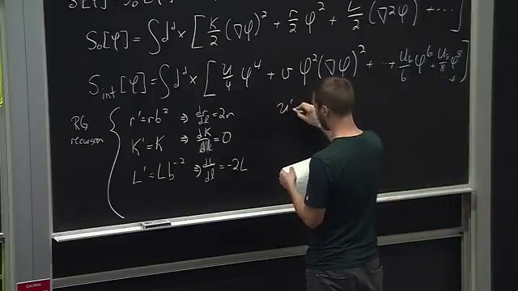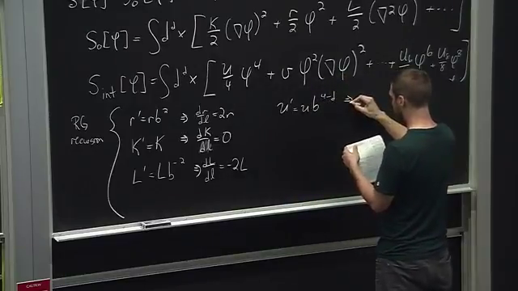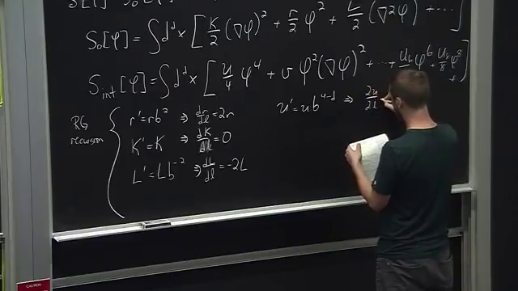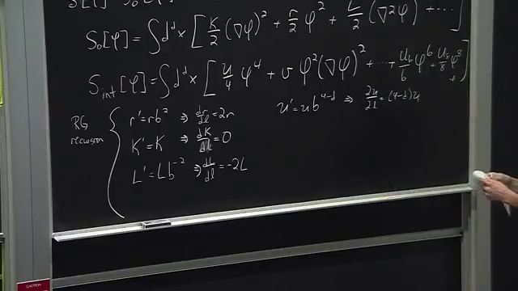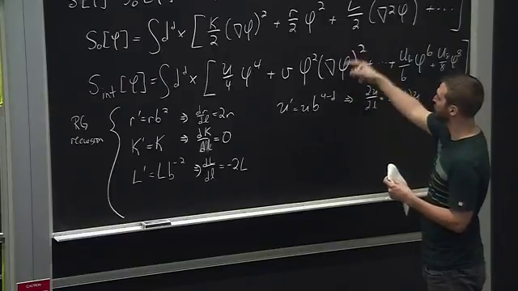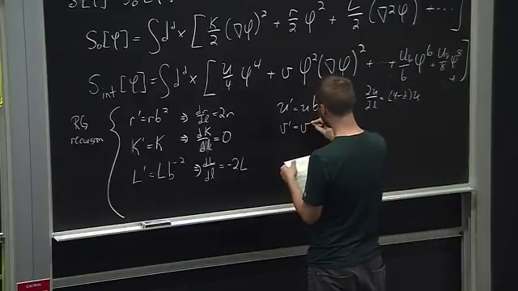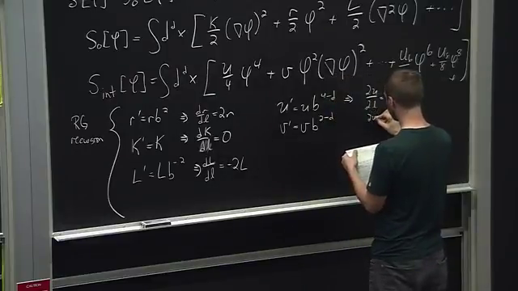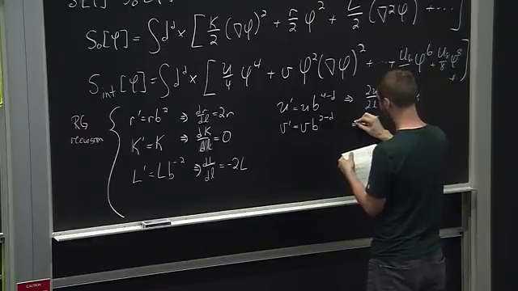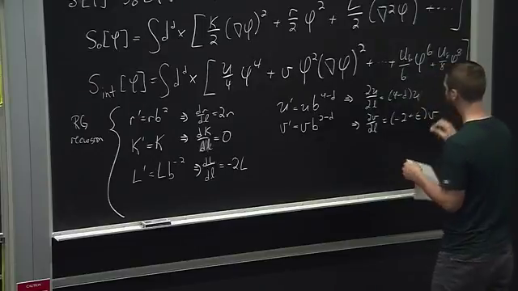So U, we already calculated that one. The differential equation is 4 minus d, so that's your epsilon. V, that's the lowest order coupling between phi squared and the gradient. That one goes as 2 minus d, so it's minus 2 plus epsilon, right?